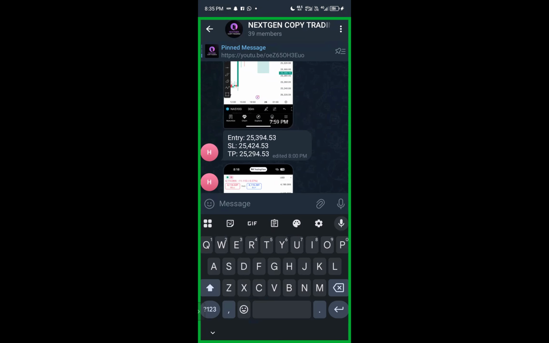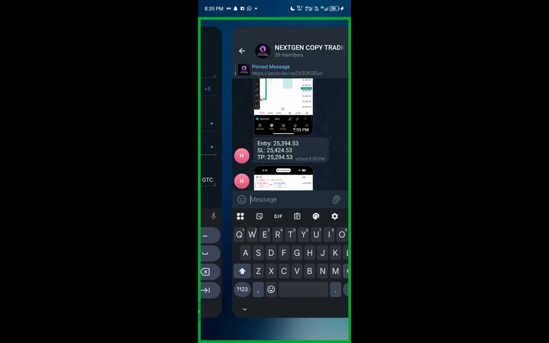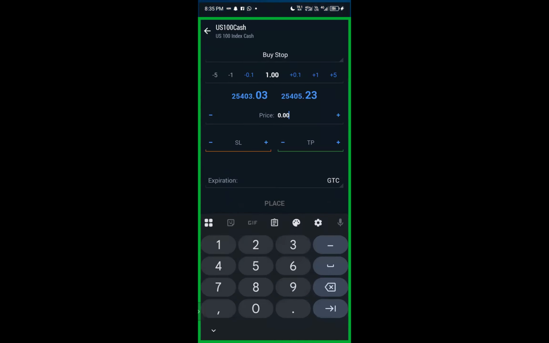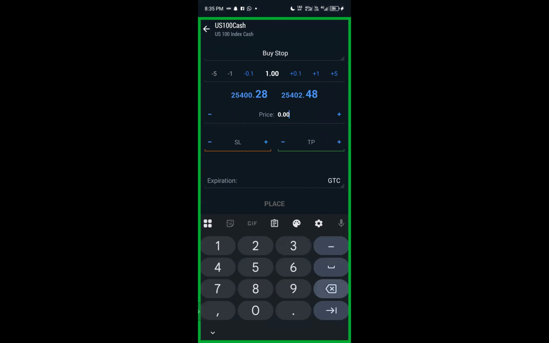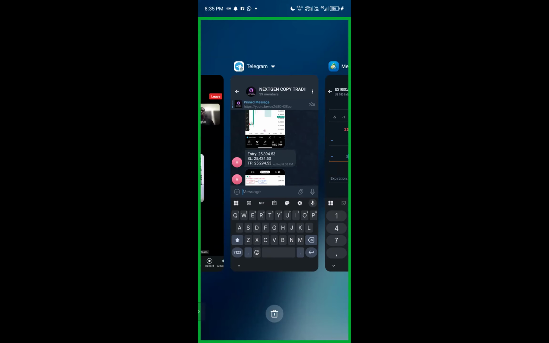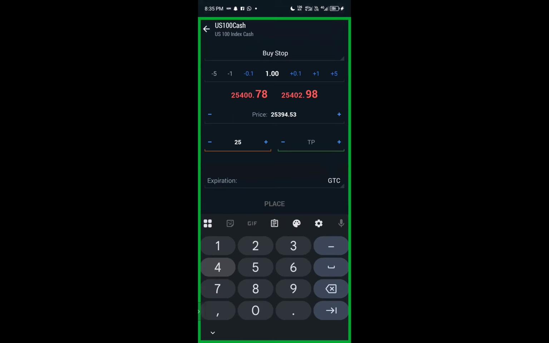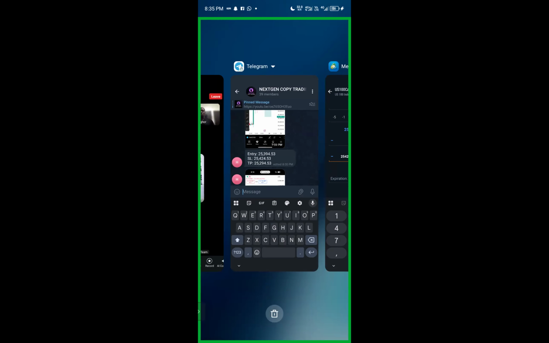This one: 25394.53. Yes. If you want the exact entry, you can come and put it there. And then you put in the SL, and the TP.